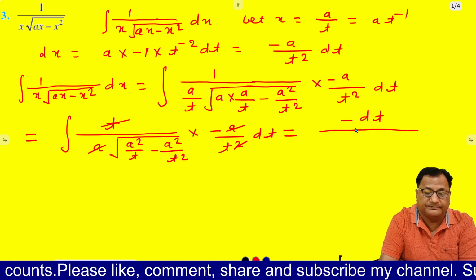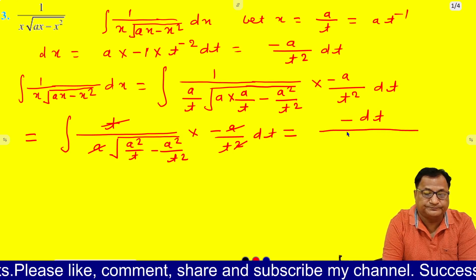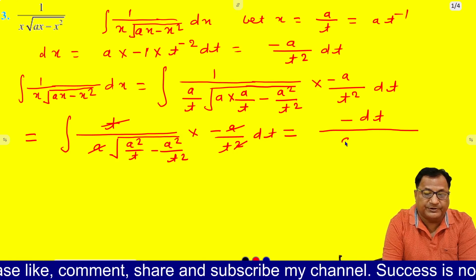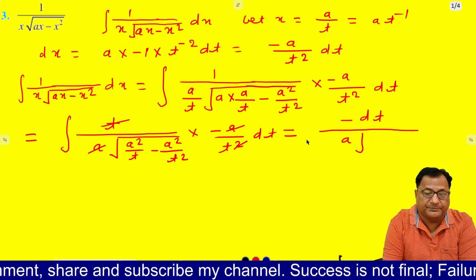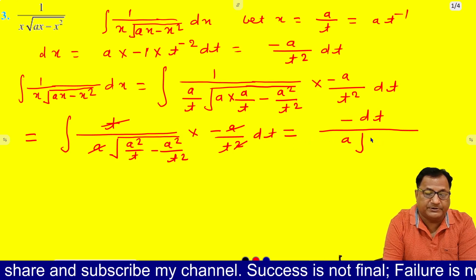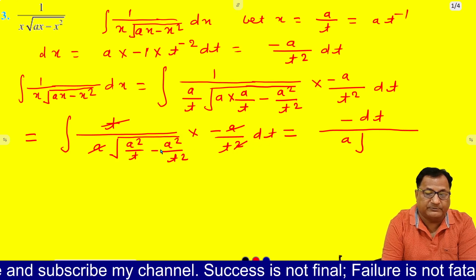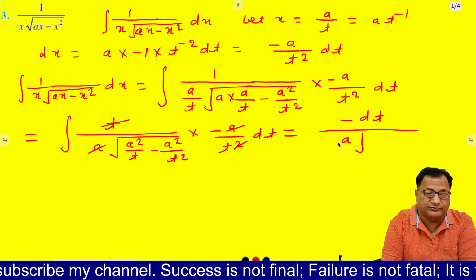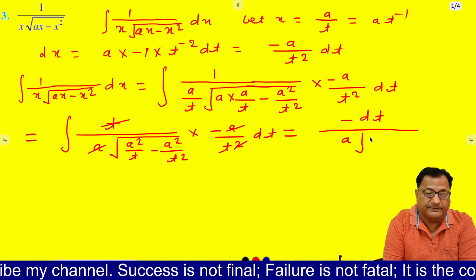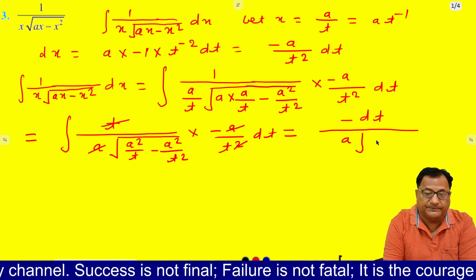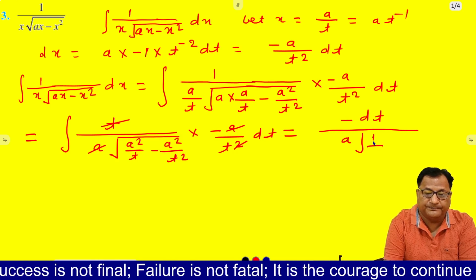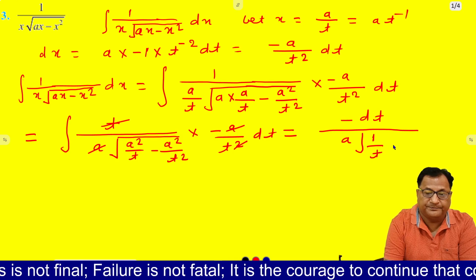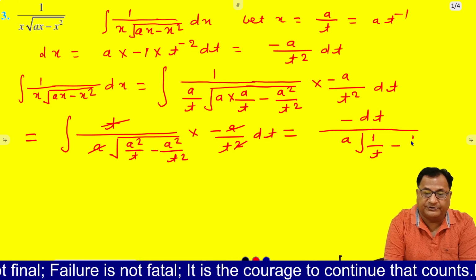divided by a, since a square we have taken common, so it comes out of the root as a, then it will be 1 by t minus 1 by t square.